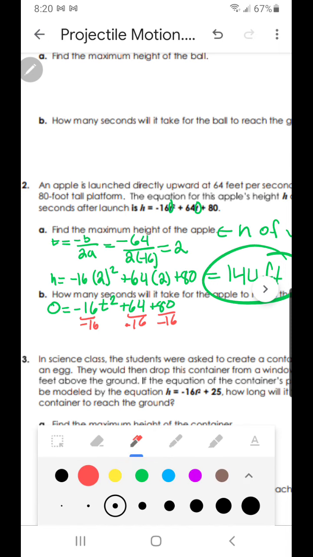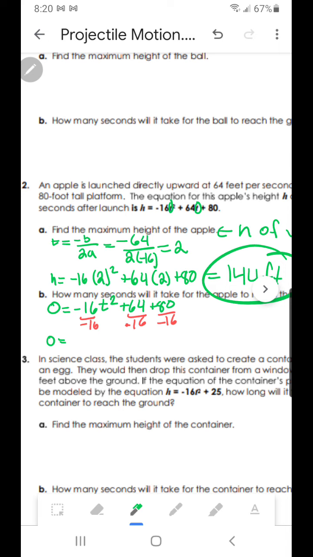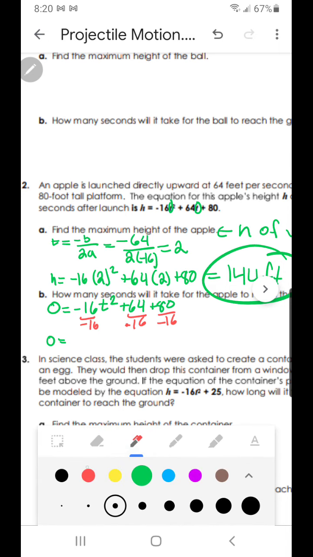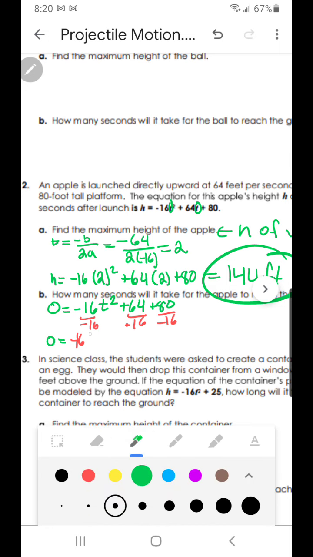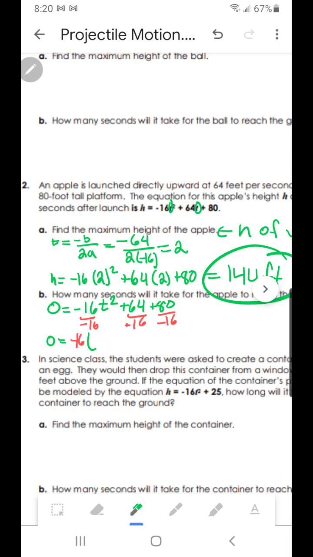When I do that, this will still be 0 equals, we'll still have that negative 16 out in front. And then what's left, negative 16 divided by negative 16 is just 1, so we'll be left with t squared minus 4t minus 5. And all that's equal to 0.